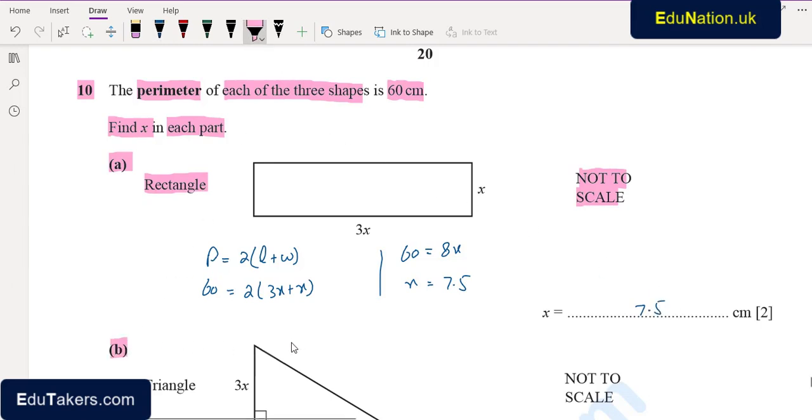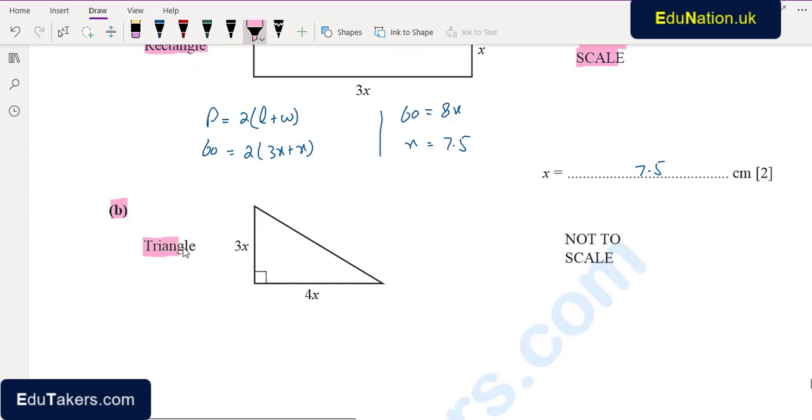Part B. This is a triangle and is not to scale. This is a right angle triangle, so its hypotenuse will be the square root of 3x square plus 4x square. Perimeter is 60.